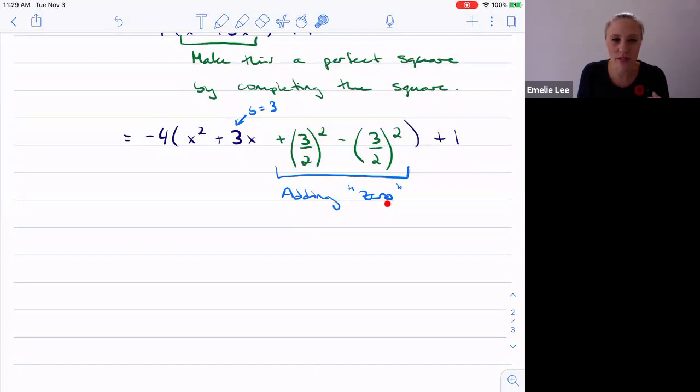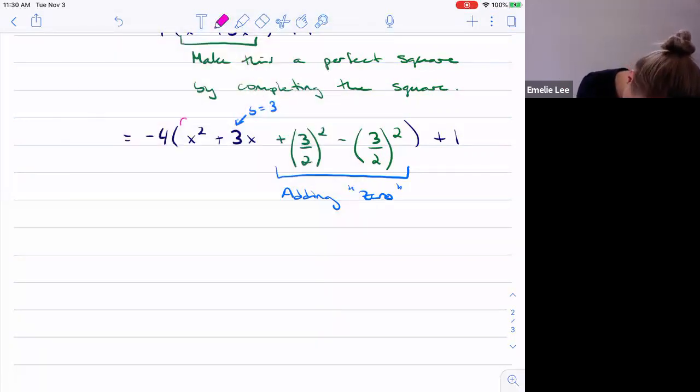So I'm not altering this thing. I'm just making it work to my advantage. Because now I can group this into a perfect square, remembering that this -4 has to get brought inside, right? So if I'm breaking off this piece and putting it outside the brackets, then I need to bring this -4 inside first, okay?